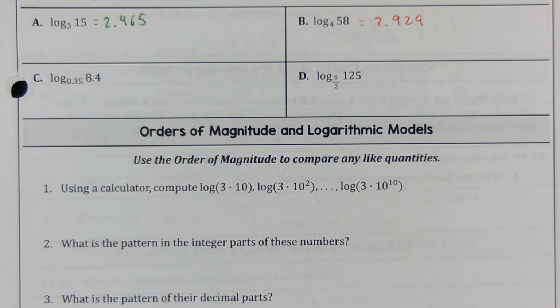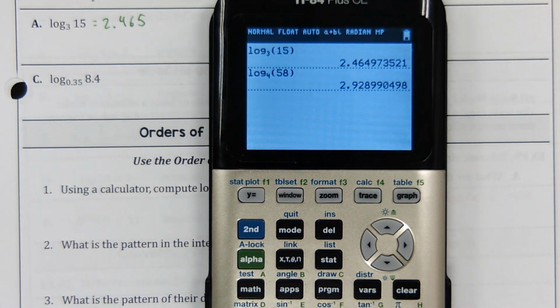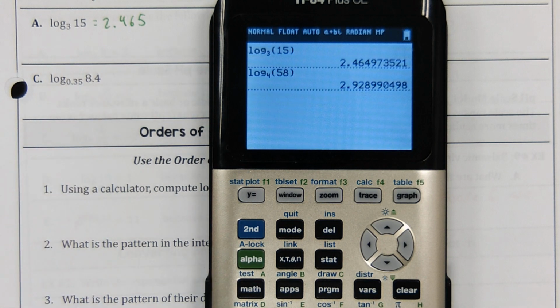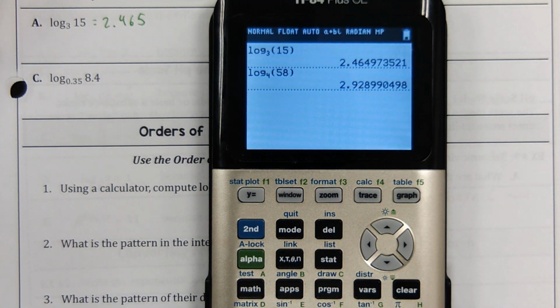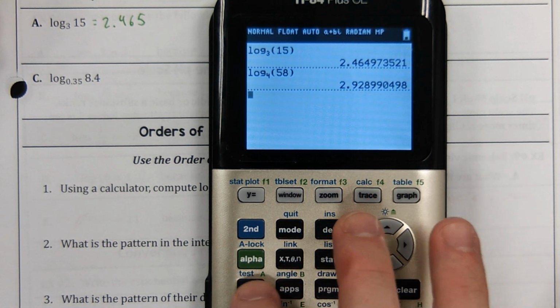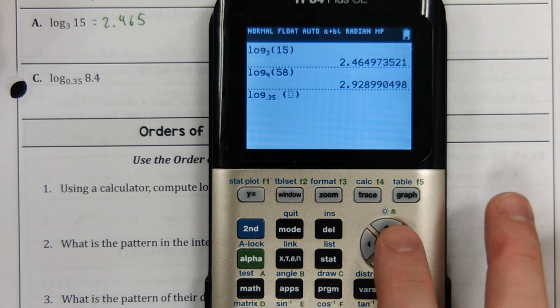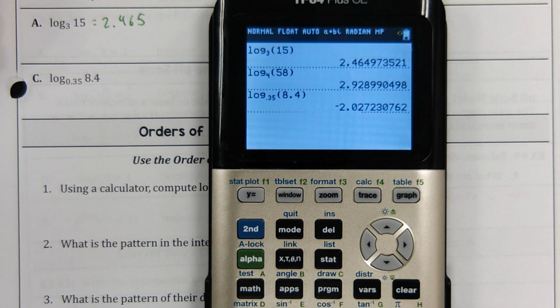0.35 to the -1 would be 100 divided by 35, which is almost 3-ish. So I'm expecting a number between -1 and -2. That's what I'm expecting. I actually don't know because I didn't do this one with second period. Oh, even past -2.